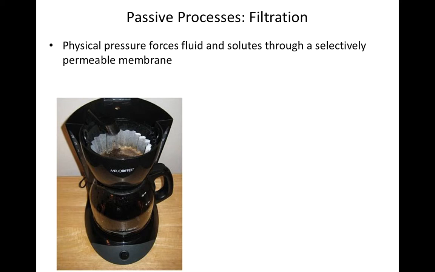You put your coffee grounds into the filter, and then water is going to flow through them, and the physical pressure on water is gravity. So the force of gravity pushing on water forces it through the coffee grounds and then through the filter, leaving you with coffee.